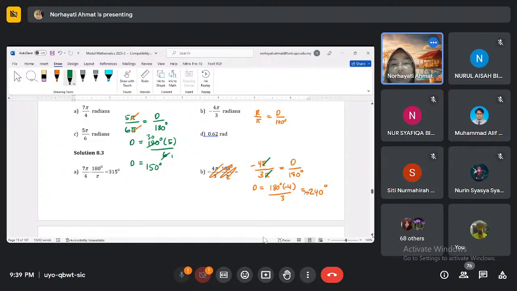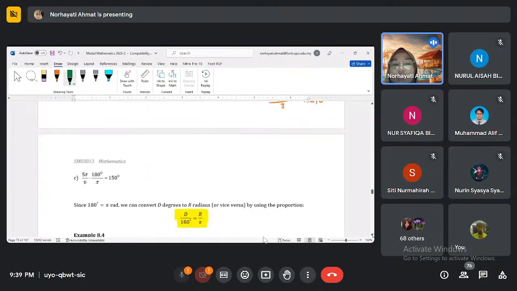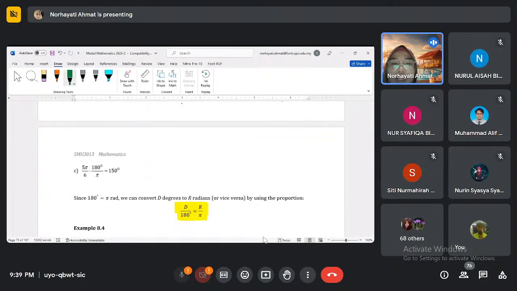Alright. Okay, so for D, this one no pi. The angle is 0.62 radian. So kita kena buat cara yang sama juga. 0.62 divide by pi equals to D over 180 degree.